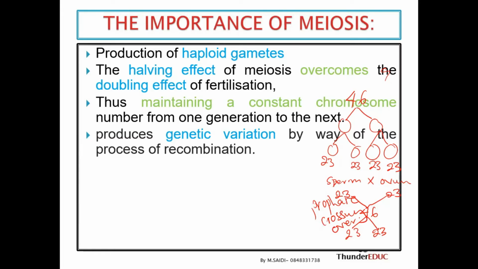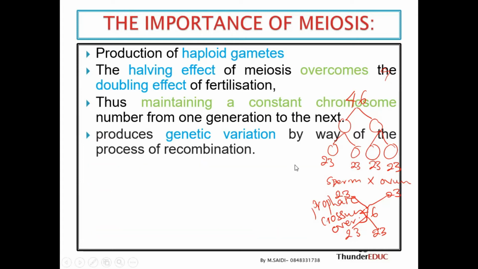Because there is exchange of genetic material, you will have different sperms. We know that you produce over 300 million sperms per single ejaculation. Each sperm is different, and it is as a result of prophase 1, in the process called crossing over. So it brings about new recombinants, new combinations of genetic material.